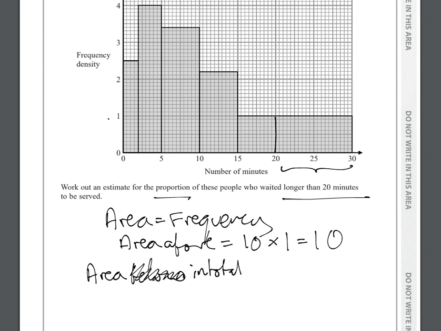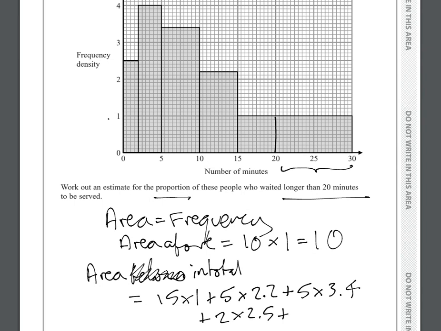So we've got this rectangle at the bottom, so equals 15 times 1 plus 5 times 2.2 plus 5 times 3.4 plus 2 times 2.5 plus 3 times 4.